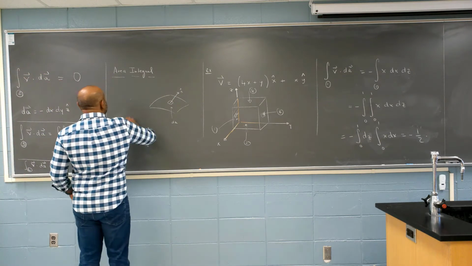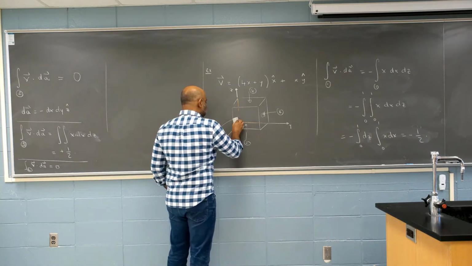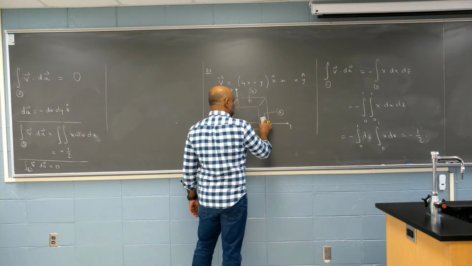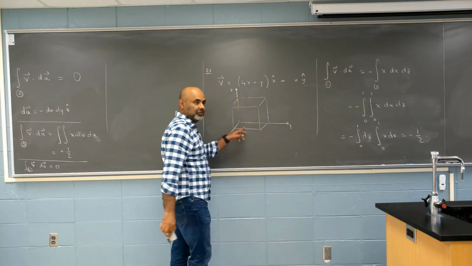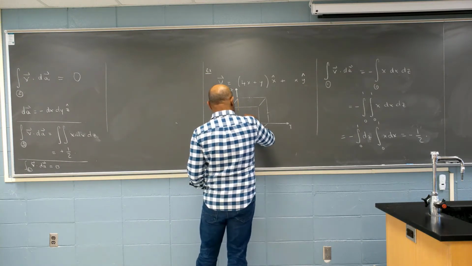So I have to label 2 more sides. Yeah, we're done with all these sides. So I'm going to call the front side 5 and the back side 6. So let me do it this way.